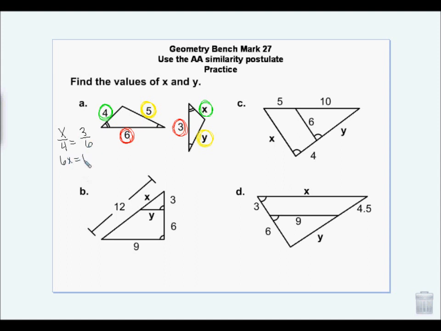So 6x equals 12. So x equals 2. And then y over 5 is equal to 3 over 6. So 6y equals 15. So y is 2.5.